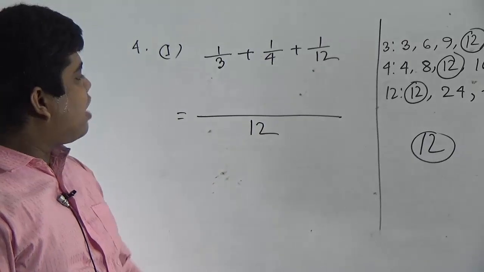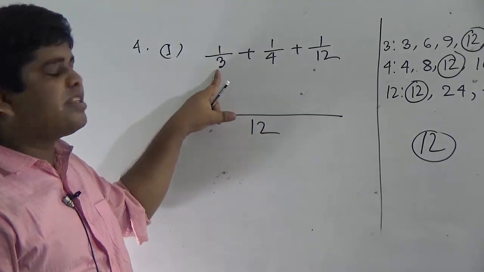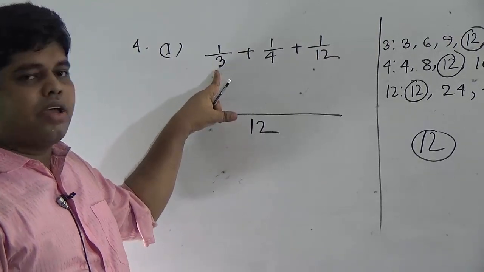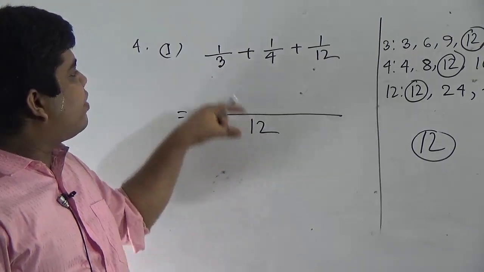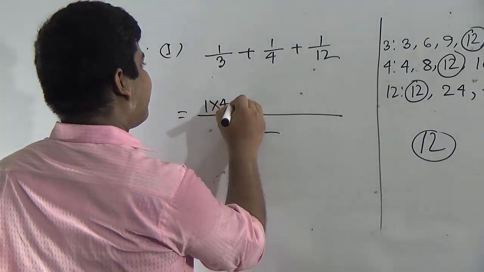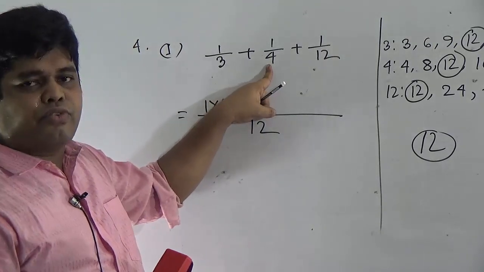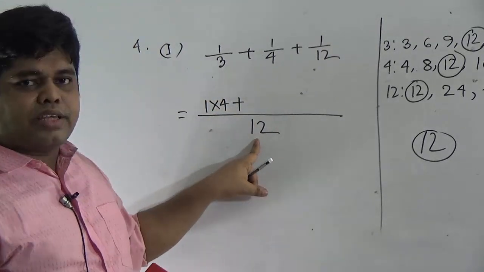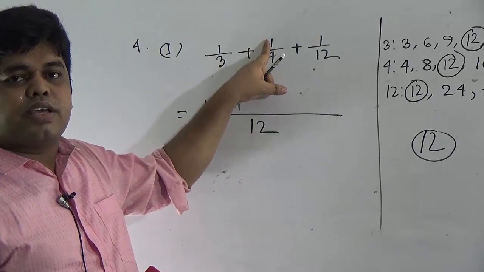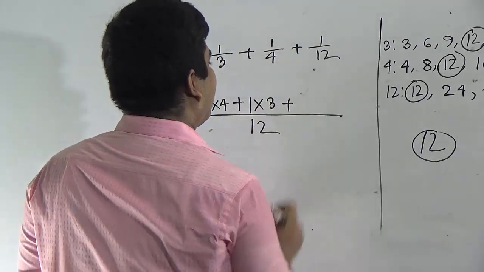My dear students, now we divide this LCM by the denominator of the first fraction. That means 12 by 3 and we get 4. This 4 is multiplied with this 1, that means 1 multiplied by 4. Plus sign is here. After that we divide 12 by 4 and we get 3. This 3 is multiplied with this numerator, that means 1 multiplied by 3.